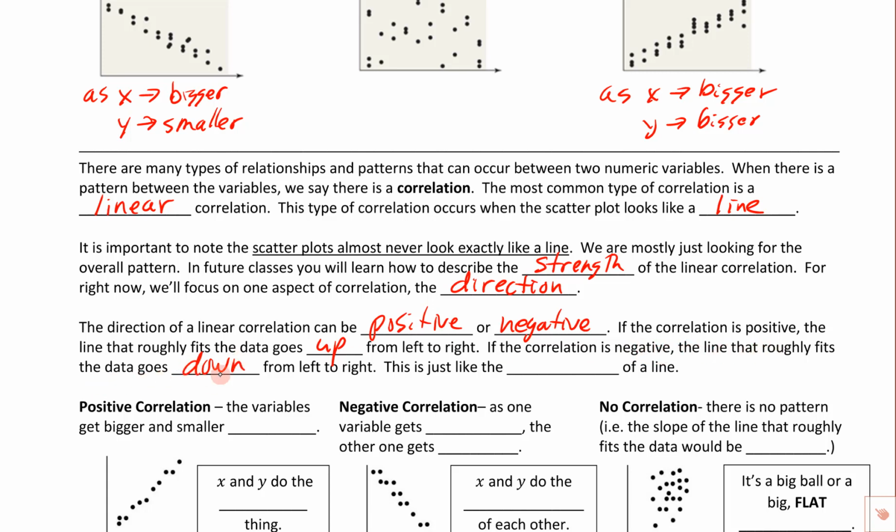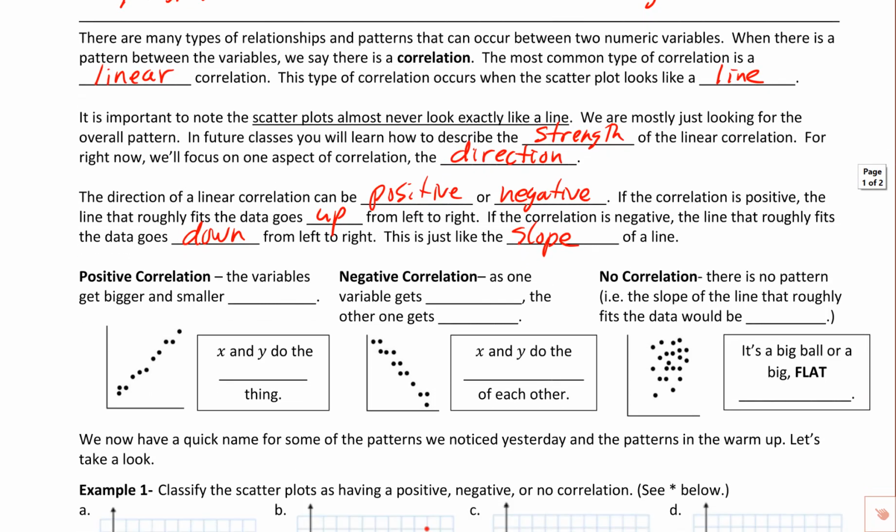If you stop and think about this, data that goes up from left to right is going to have a positive correlation, and data that goes down from left to right is going to have a negative correlation. That sounds just like the slope of a line. So let's write the word slope right here. It has a lot to do with the slope of the line that fits that data.